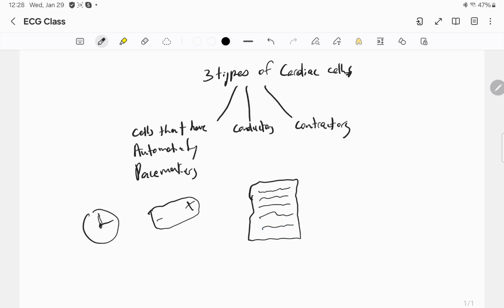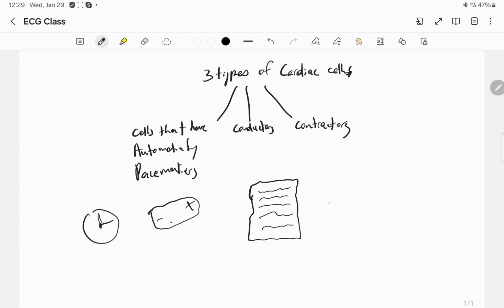What we're saying is that the pacemaker cells still have some ability to contract and some ability to conduct, but they pace best, right? They are the best at pacing. And then the conductor cells have some ability to contract and some ability to pace, but they conduct the best, right? And then the contractile cells have some ability to conduct and some ability to pace, but they contract best.